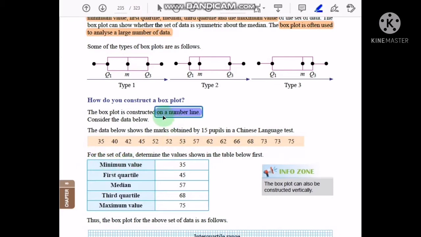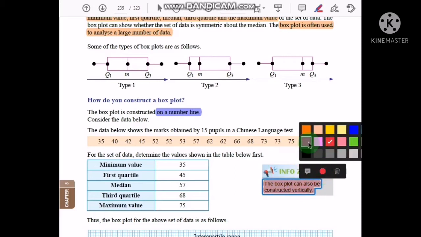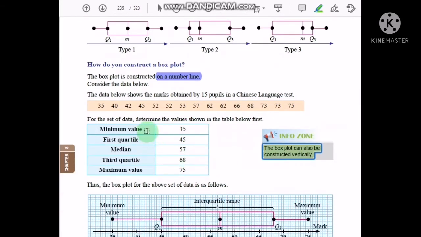In order for you to construct a box plot, you need to know the minimum value, first quartile, median, third quartile, and maximum value. Another piece of information: the box plot can also be constructed vertically. Remember, if you see a box plot constructed vertically, it is also correct. So what should you do? In order to draw a box plot, you need to first identify the minimum value, first quartile, median, third quartile, and the maximum value.